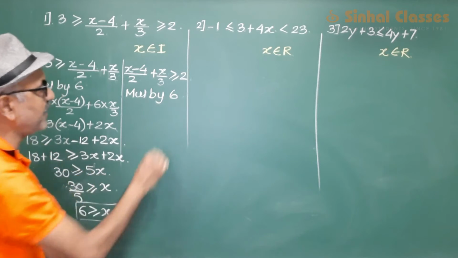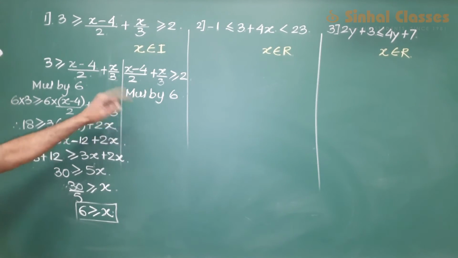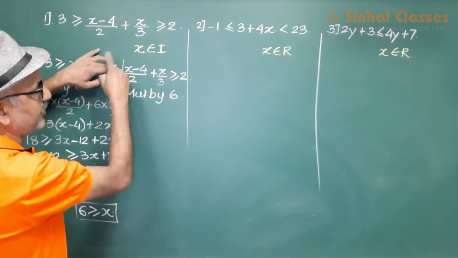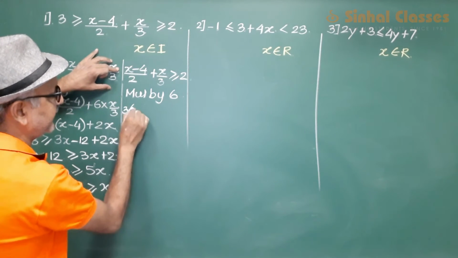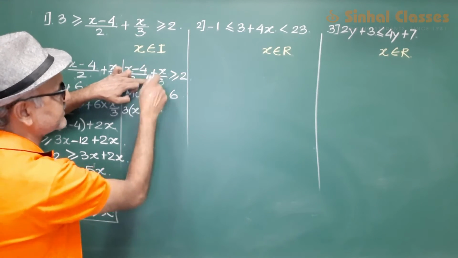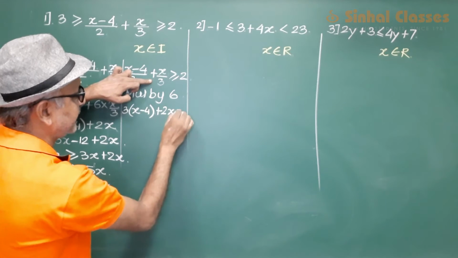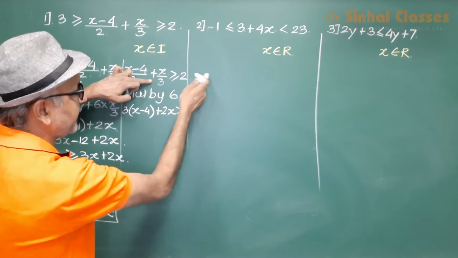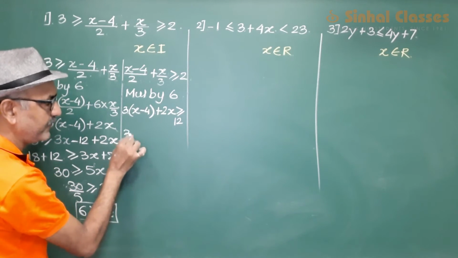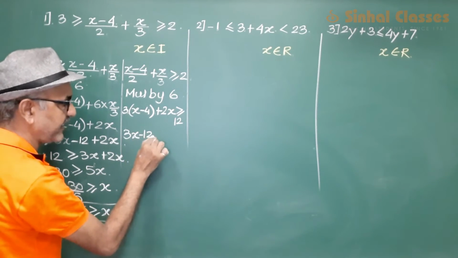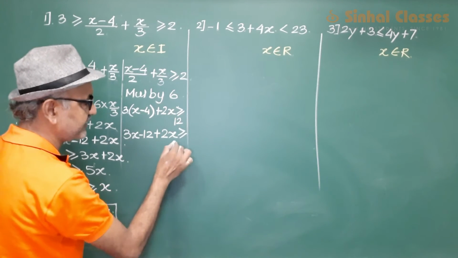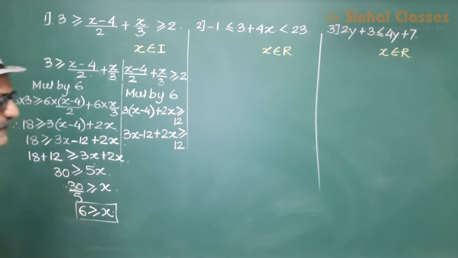Now multiply the second part by 6. Now children, we are multiplying the whole inequation by 6. I'll show it directly. 6 twos are 12, 6 threes are 2; when you multiply by 6, 3 cancels, so what remains is 3 into (x minus 4) plus 2x. Multiply by 6, so 2 into 6 is 12. So this will become 3x minus 12 plus 2x greater than or equal to 12.